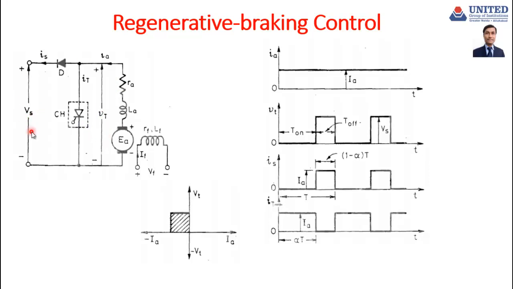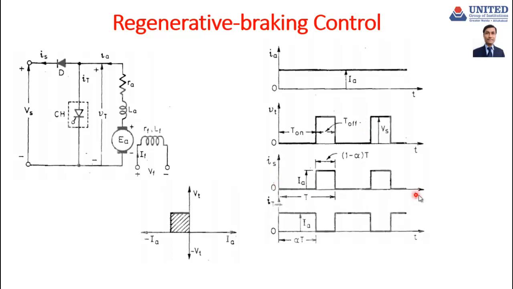Here we assume that armature current is constant and ripple free, and here we see various waveforms. This waveform shows the armature terminal voltage. Here we see that during the turn on time the terminal voltage is equal to 0, and during the turn off time we get the terminal voltage equal to the supply voltage.